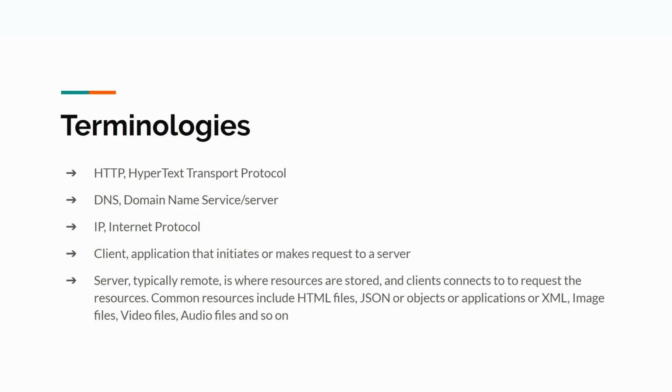In the last slide, I spoke a little bit about some terminologies or technologies. So basically, let me explain them quickly. HTTP is called Hypertext Transport Protocol, and is basically how messages are exchanged over the internet. We'll go into details later, but what it actually does is facilitate how a client and a server communicate.